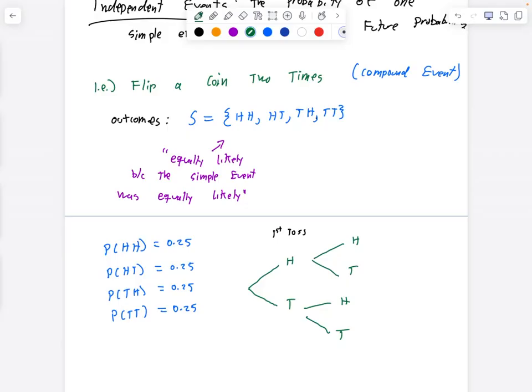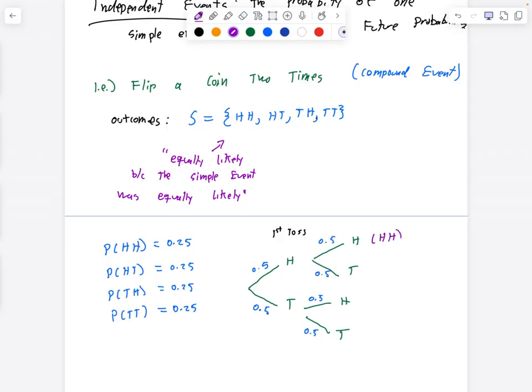This top one is heads, heads, and the probability is what? Of heads, heads, we just said on the left, 0.25.